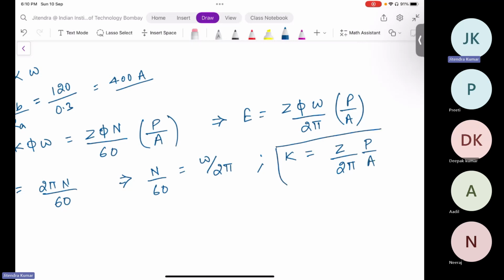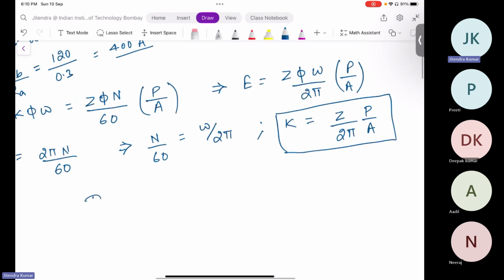This is the expression of K, and this K will be used in the torque expression, where torque is equal to K phi IA. Am I right? Any problem in these expressions?